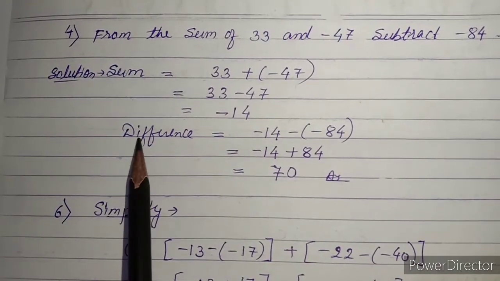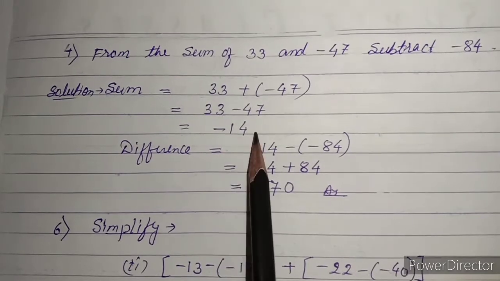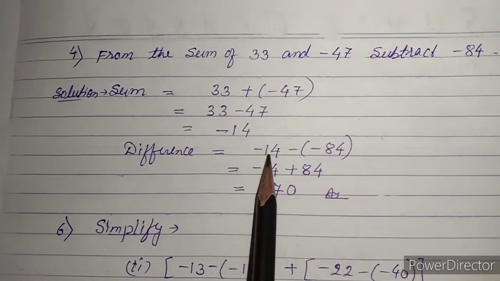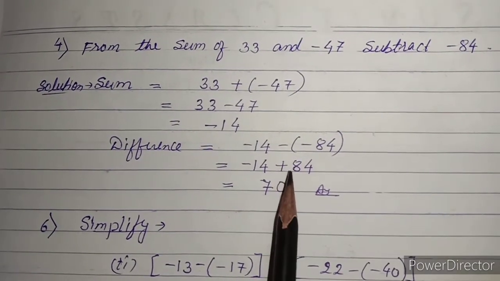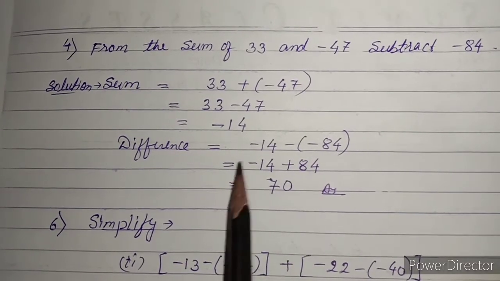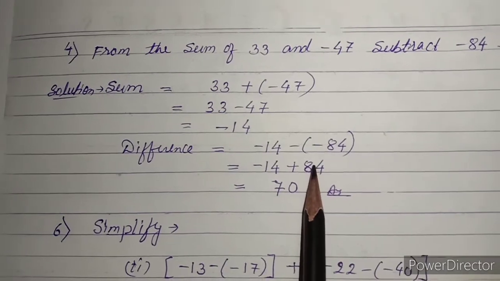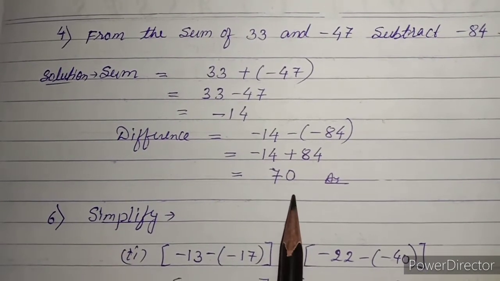Now in finding the difference, from minus 14, minus 84 should be subtracted. When you remove the bracket, minus into minus is plus. So again minus and plus, both of different sign, you subtract and give the sign of the greater number. That is positive. So 70 is the answer of this question.